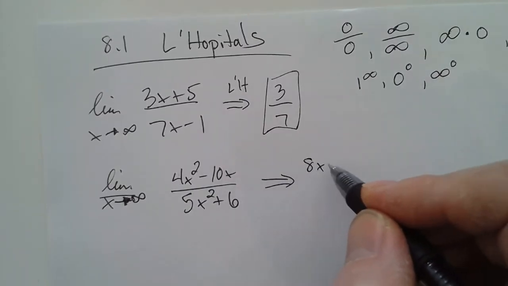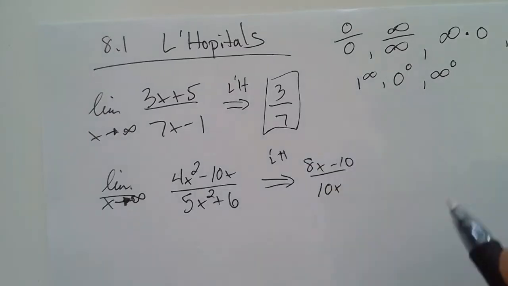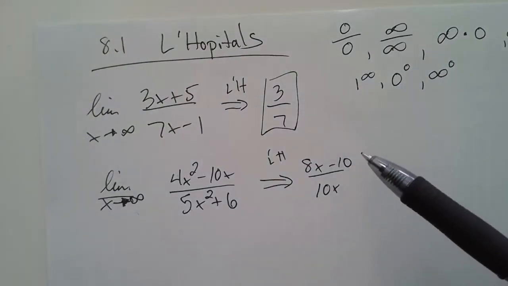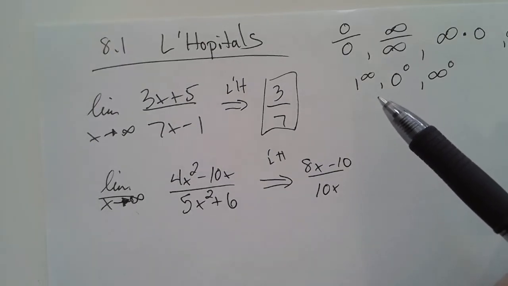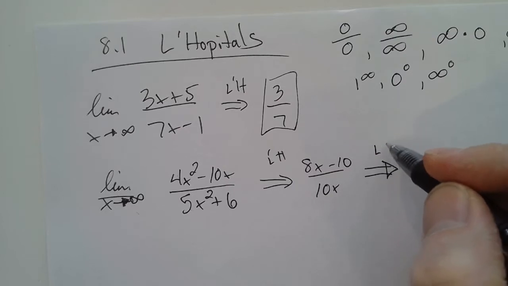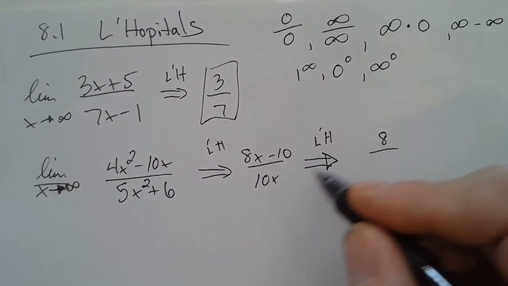We get 8x minus 10 over 10x. If I plug infinity in right now, I get infinity over infinity, so it's still in indeterminate form. So you can apply it another time. As long as it's in indeterminate form, you can keep applying L'Hopital's. I get 8 over 10.